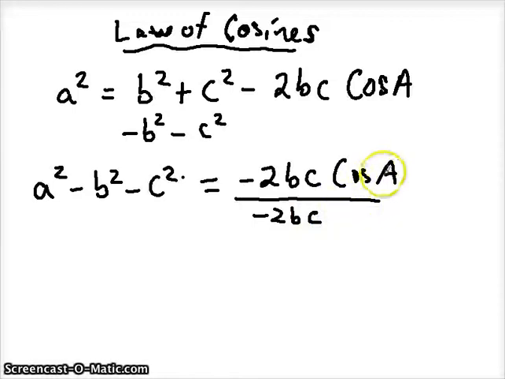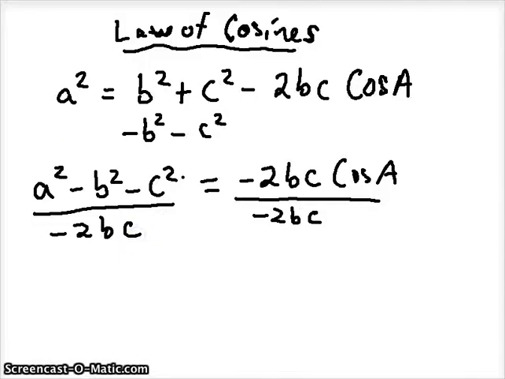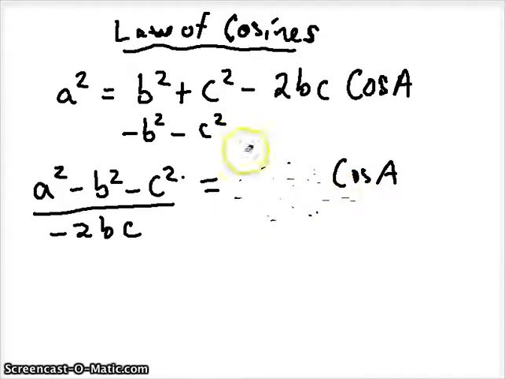So if I divide both sides by negative 2bc, I can get that cosine of A all by itself. So this all goes away, and now we're left with the cosine of A equal to this ratio on the left here. That would be a decimal value, but that still doesn't give us the measurement of angle A.